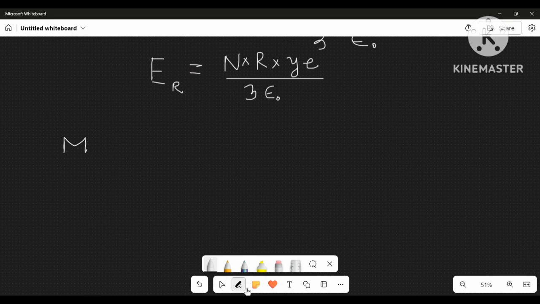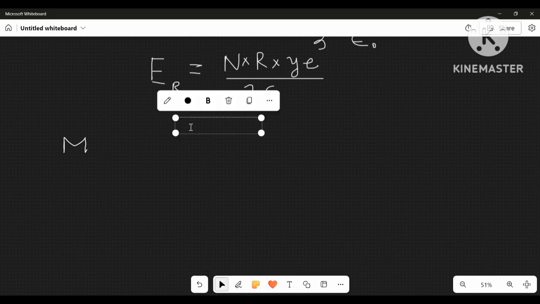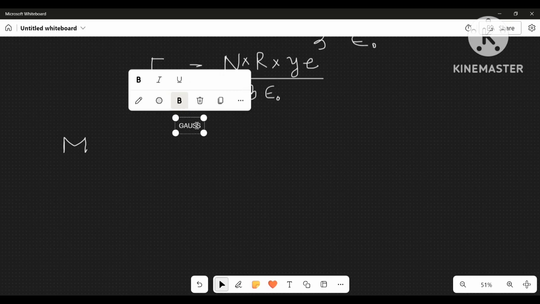As I mentioned previously, there is an analogous law of Gauss for masses. Here it was charges. See, in electricity, charges are analogous to mass in mechanics. So basically, there is some sort of Gauss's law of gravitation.